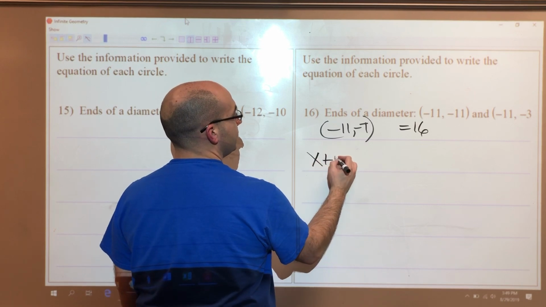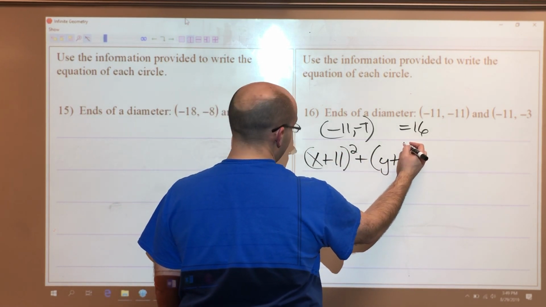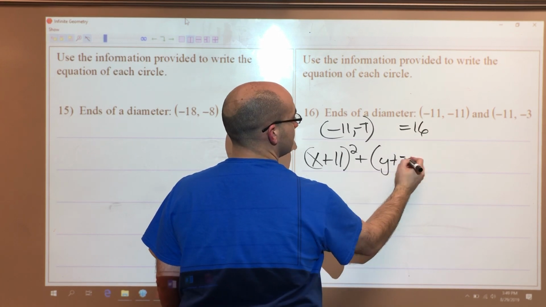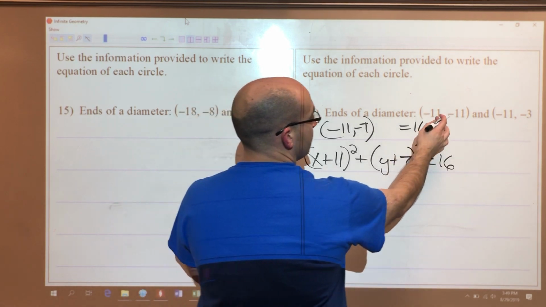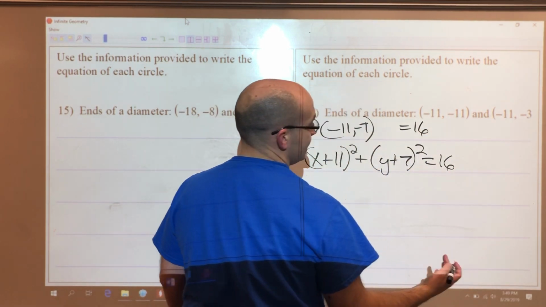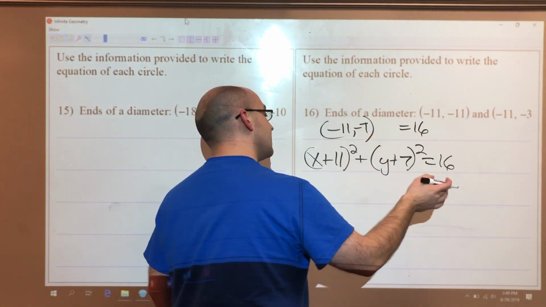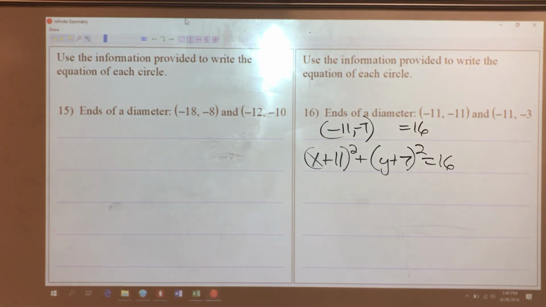So x plus 11 squared plus y plus 7 squared equals 16. Now let's work that out, right? We're still at the negative 11s here, but the difference between those two is 8. When I put that into Pythagorean theorem, I'll get 4 squared, which is 16.